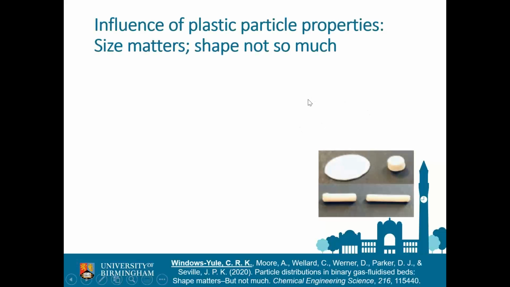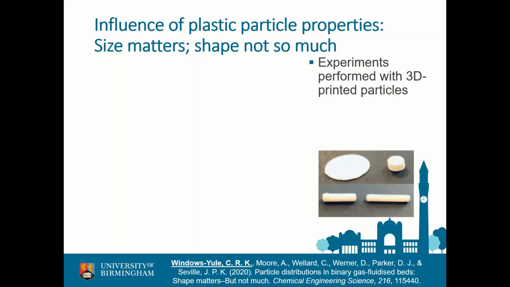Another interesting area that we looked at was we're moving away from trying to change the design of the fluidized bed system itself and looking instead at the products, the plastic waste particles that we're putting in it. One of the most energy wasting parts of any of these pyrolysis processes is actually grinding up the initial plastic waste to get a uniform size and a uniform geometry.